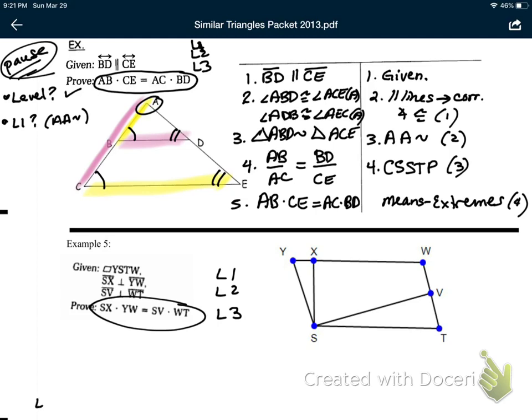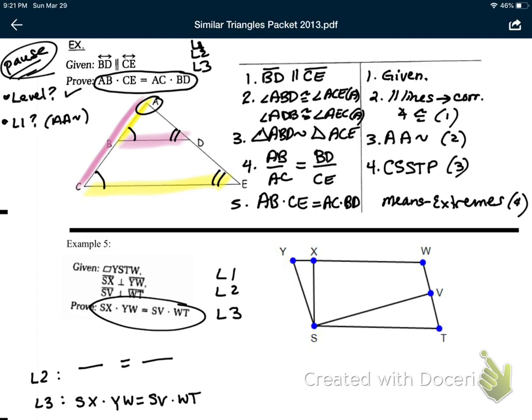Well, my level 3 is going to be the cross product, SX times YW equals SV times WT. So what's level 2? Level 2 would be the cross product that came from.